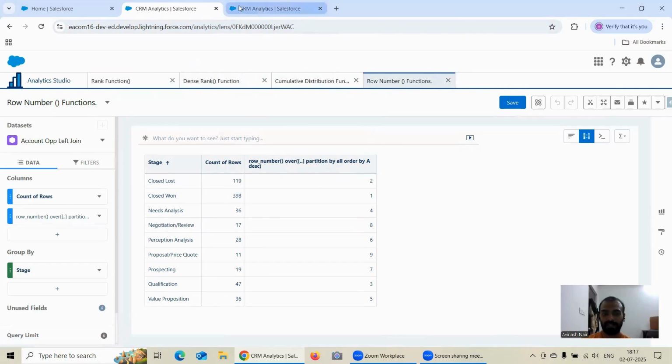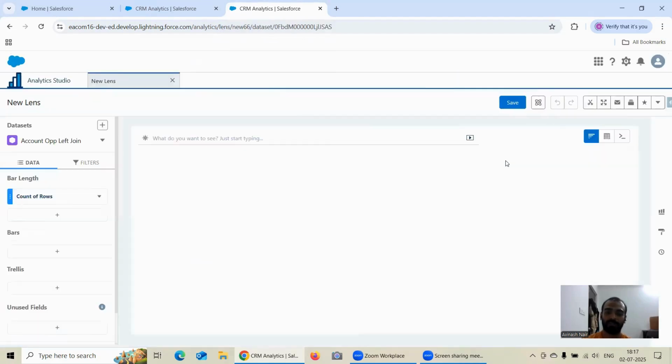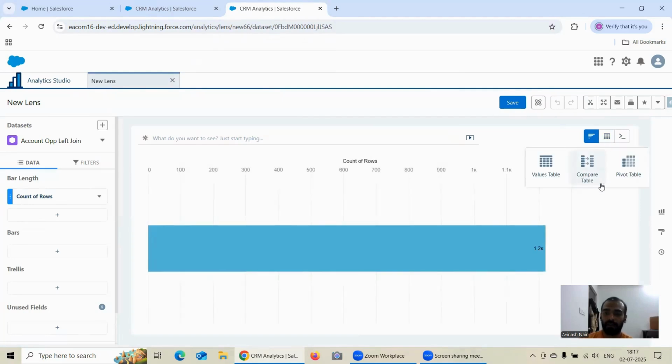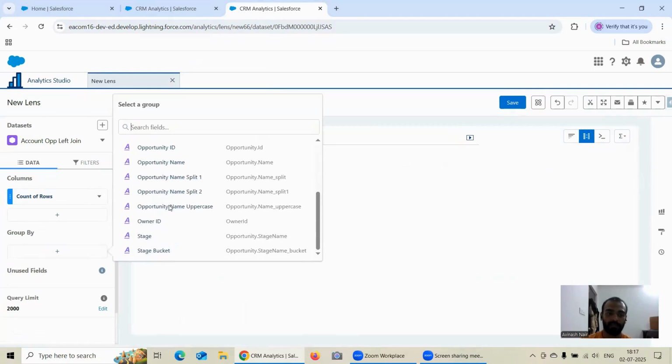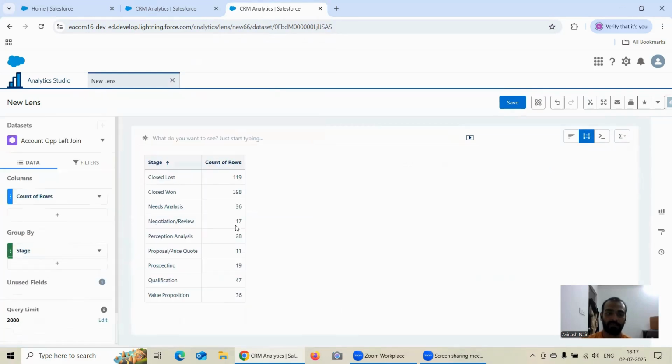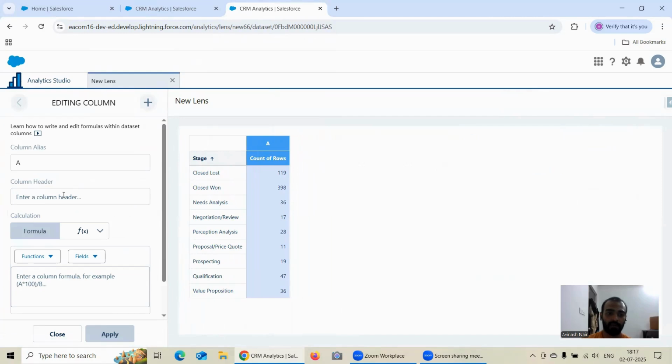The best way to actually understand the complete difference is to do it in a lens itself. So for example, if I open this one and go to my compare table, and let's say go for stage over here. What I will do is click on this, edit this column. Here, let's say go for something like rank.